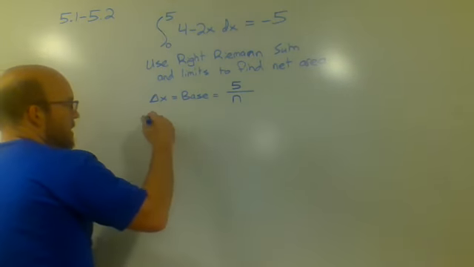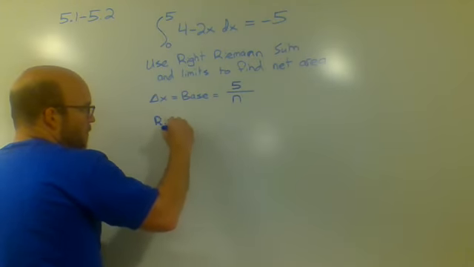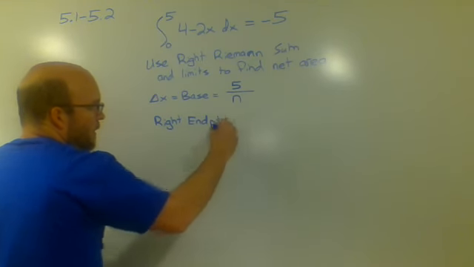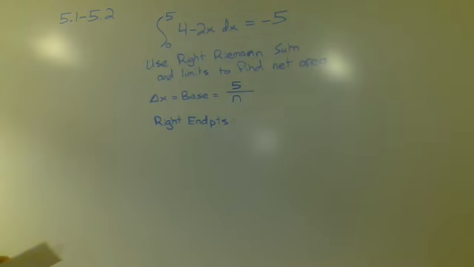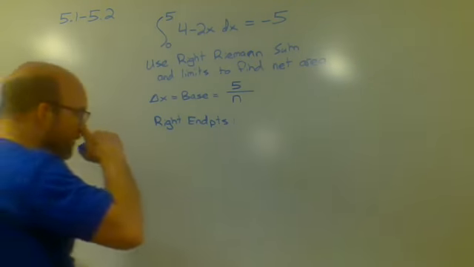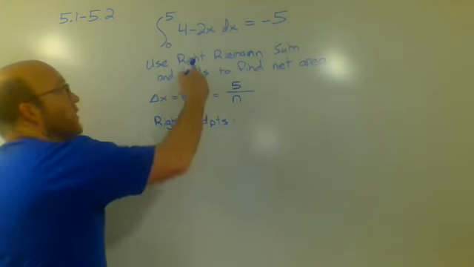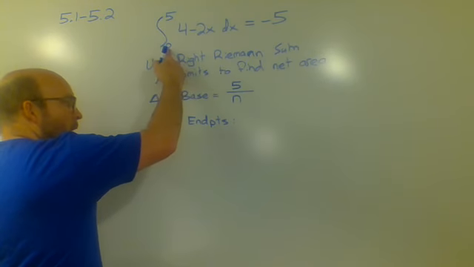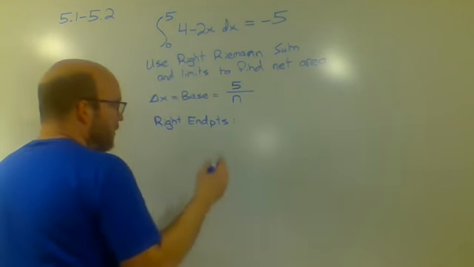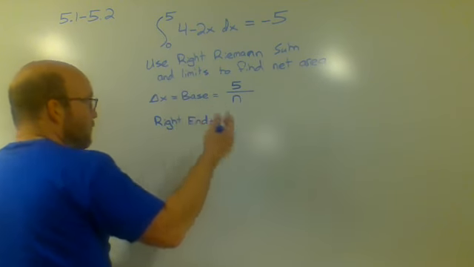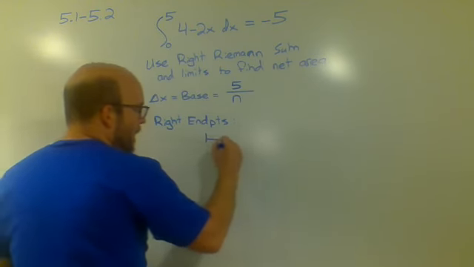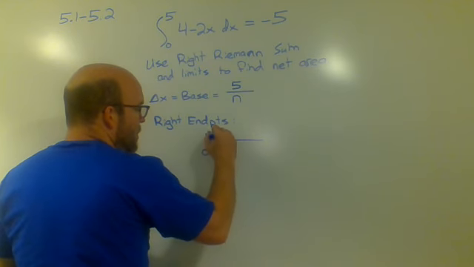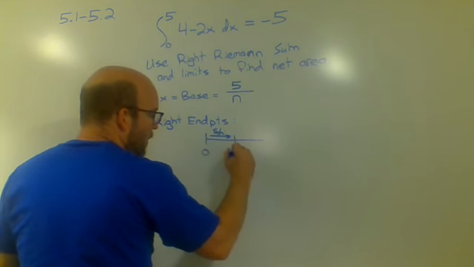Okay. And then from here, we're looking at right endpoints. And now that this will be the third example, I guess, where we've seen something like this, hopefully you can start to see a pattern. As long as we're dealing with the right Riemann sum, and as long as we're dealing with a 0 here, then the right endpoints follow a nice little pattern for us. So I can draw it out again. Maybe that's not necessary, but if there's 0, we have to move over 5 over n units to get to the first right endpoint.